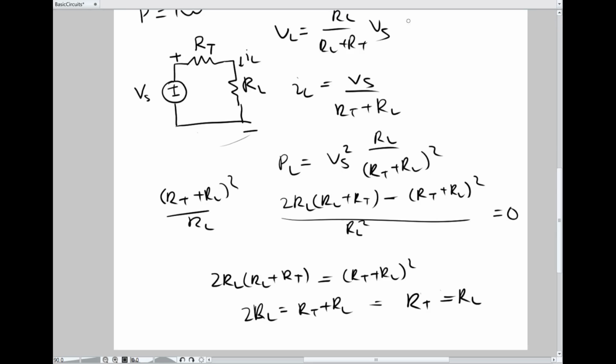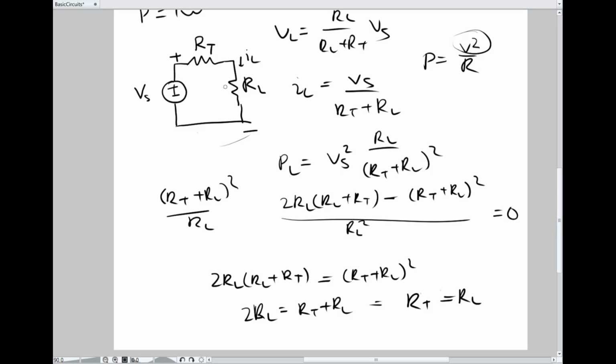Because power dissipated in a resistor is V squared over R. So if you can maximize the voltage across that resistor, then you can maximize the power dissipated by it.